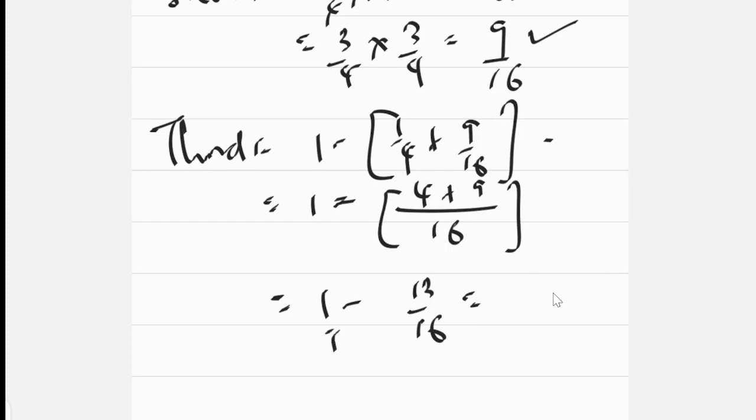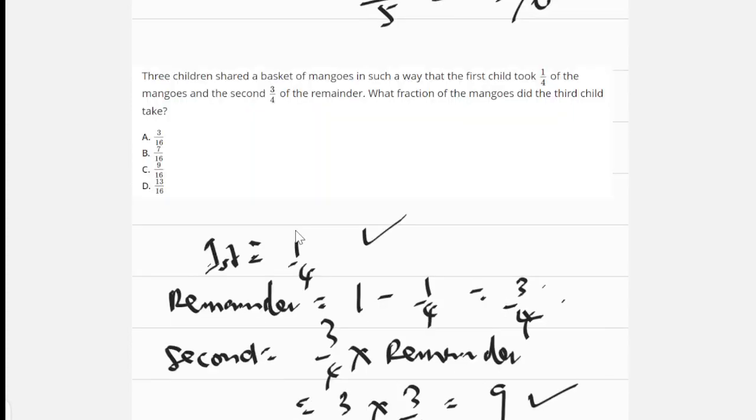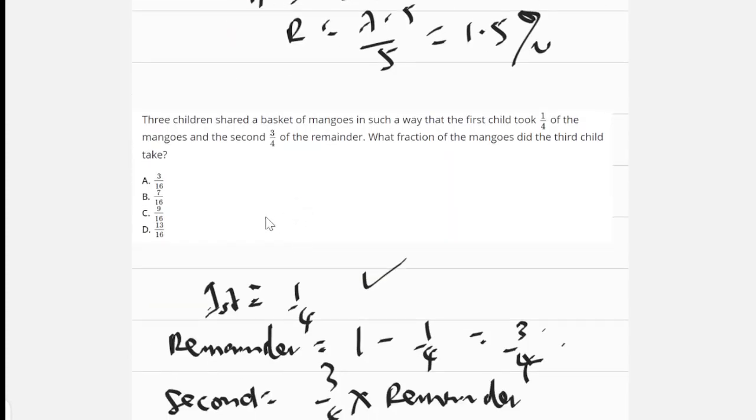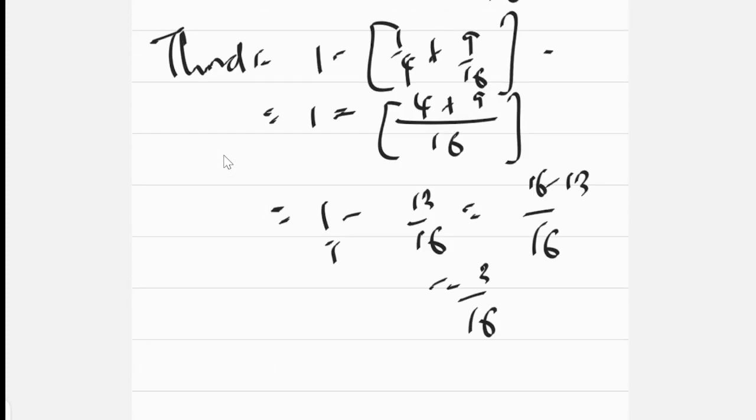If you find the LCM, this is 16 minus 13, that is 3/16. So the fraction of the third one is 3/16. Can you see it is very easy and not difficult to do at all?